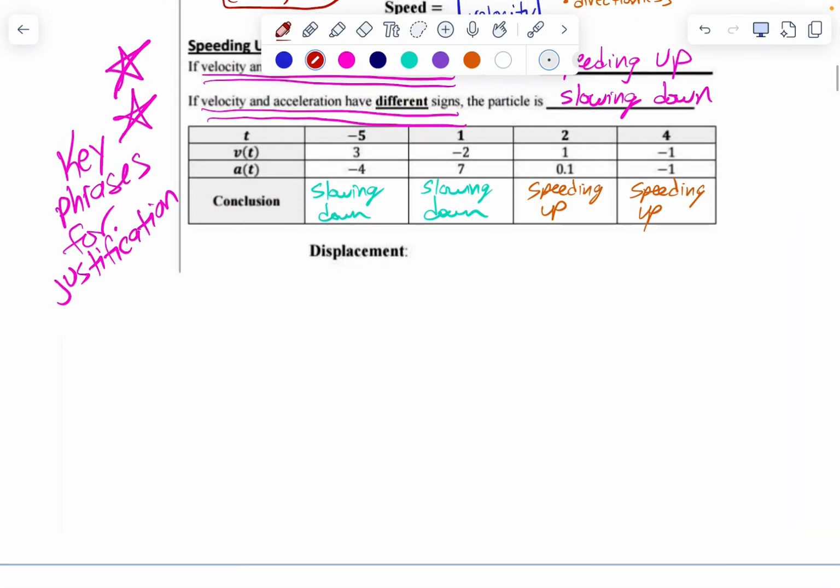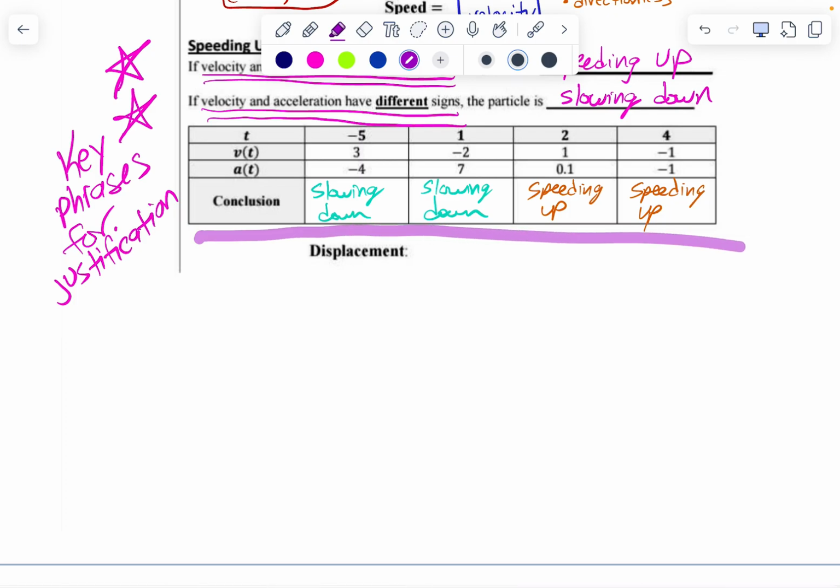All right, displacement. If you studied physics, displacement can mean more than just this. If you put yourself in a bathtub or stick something in water, the water gets displaced, but that's not this displacement.